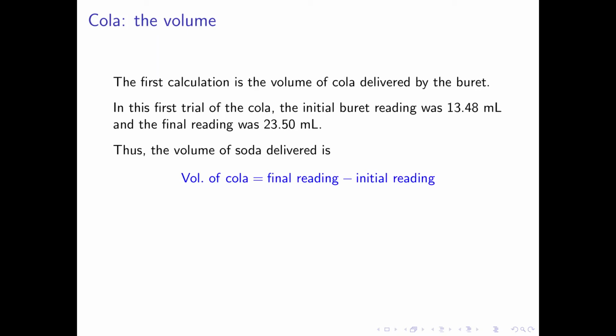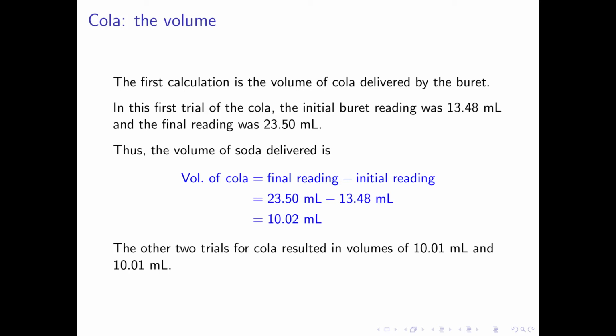Therefore, the volume of soda delivered is equal to the final reading minus the initial reading, or in this case, 23.50 milliliters minus 13.48 milliliters, giving a volume of 10.02 milliliters. For my data, the other two trials for cola resulted in volumes of 10.01 milliliters and 10.01 milliliters.